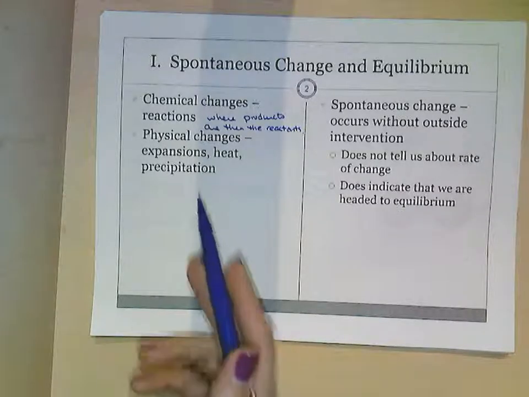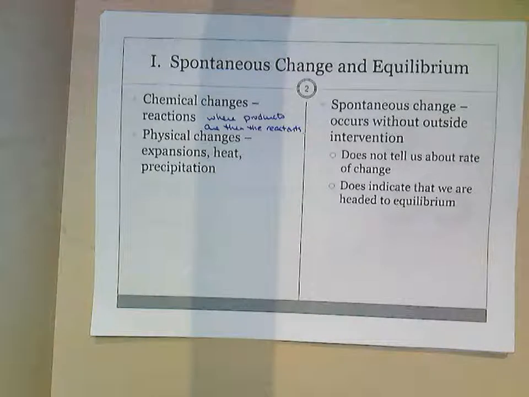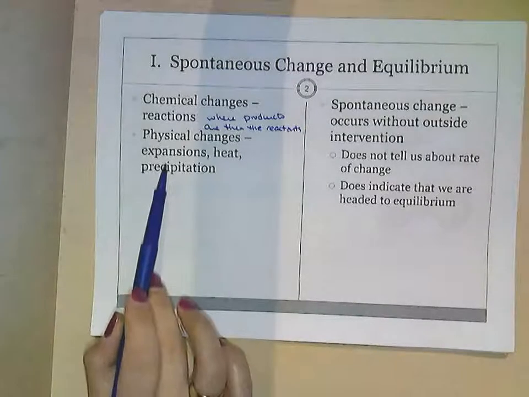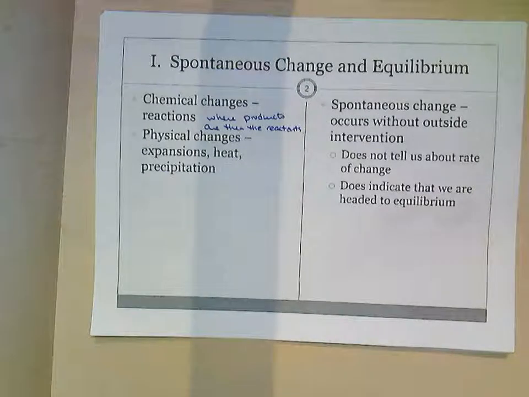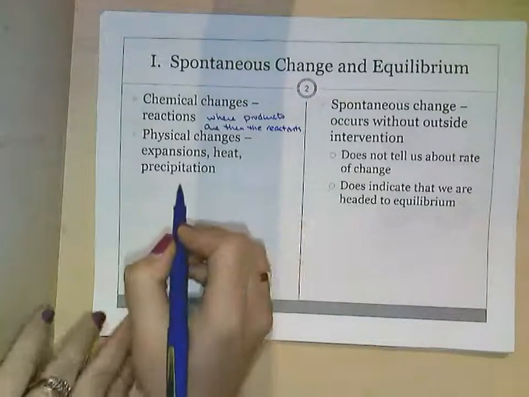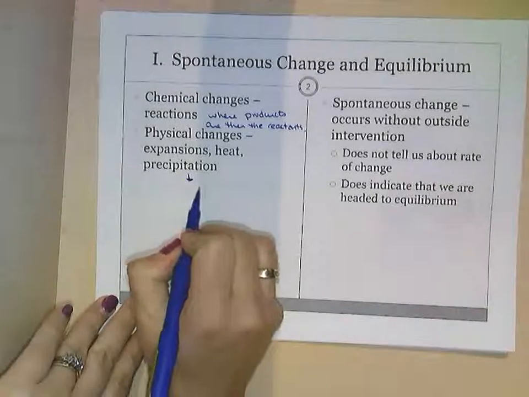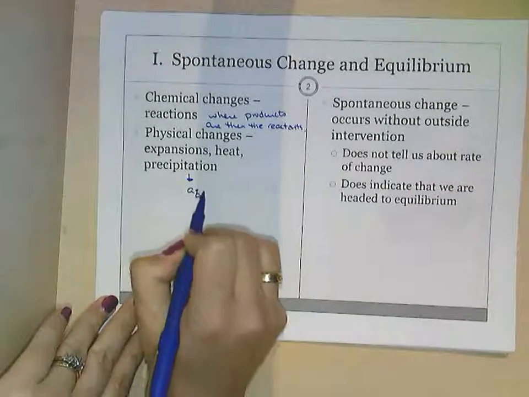You have your physical changes. That usually changes the states of matter. Or a physical change could be that the volume changed, the pressure changed, or you went from solid to liquid, liquid to gas. You precipitated, which would be aqueous to solid.